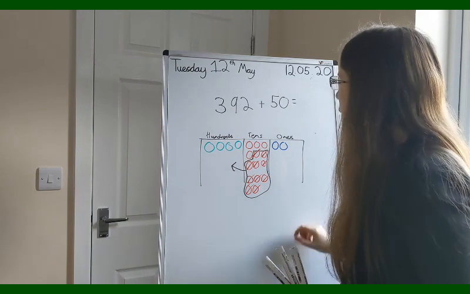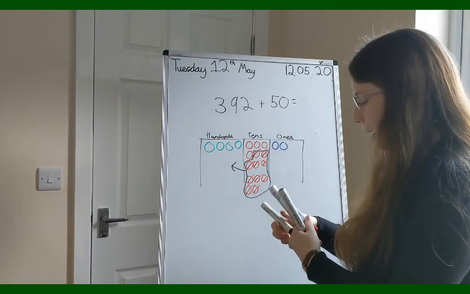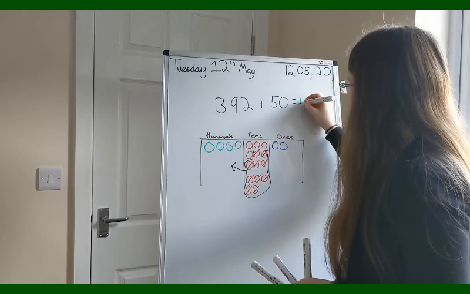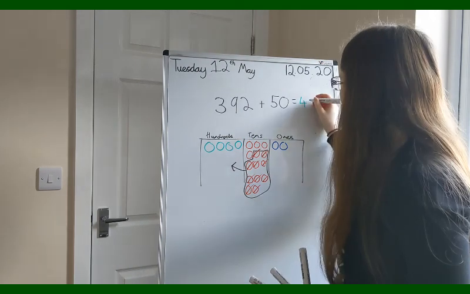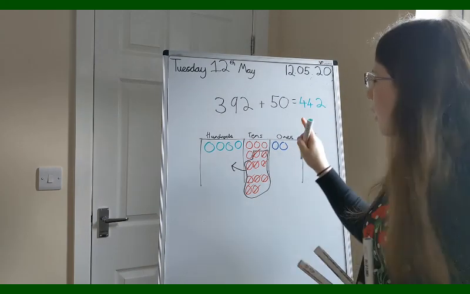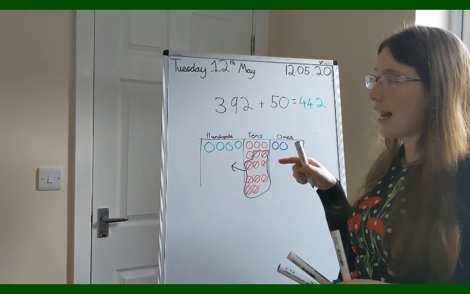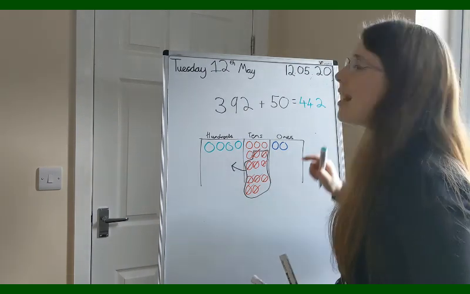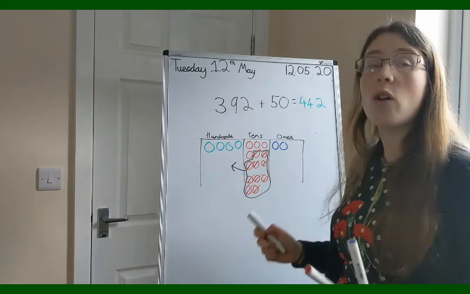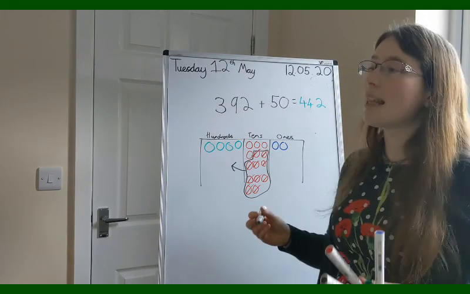So our answer to 392 add 50 is going to be 442. So we've changed our hundreds column because we've gone over 9 tens. We've changed our tens column because we've added on tens. Our ones column has stayed exactly the same.